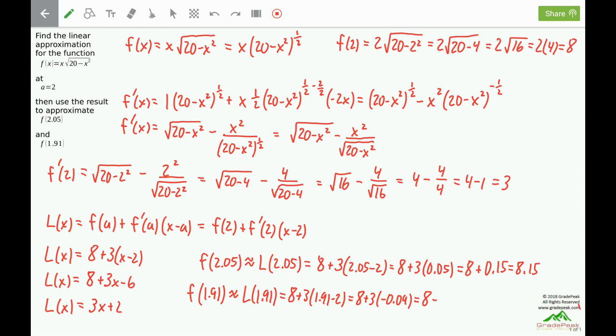A positive 3 times a negative 0.09 will be a negative 0.27. 8 minus 0.27 comes out to 7.73.